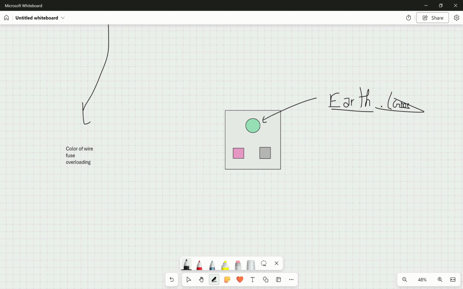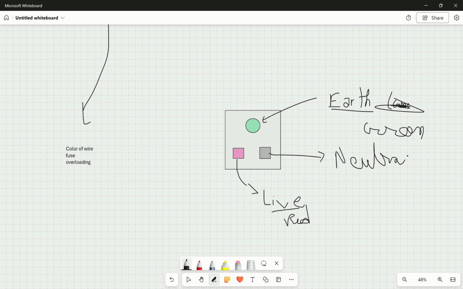Then this is not pink, actually it is red. It is live wire, through which the main current comes. Okay, live wire. It is red in color. And this one, it is neutral, and it is black in color.